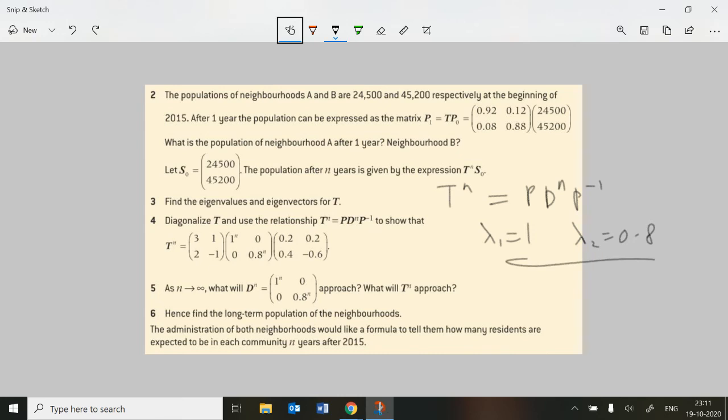Once you've found these, you can put those in your diagonal matrix, and then of course you go through that process of finding your eigenvectors. Again, that process comes from doing your A minus lambda applied to the identity matrix, applied to x is equal to 0.